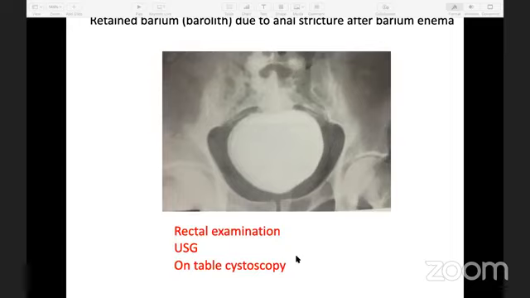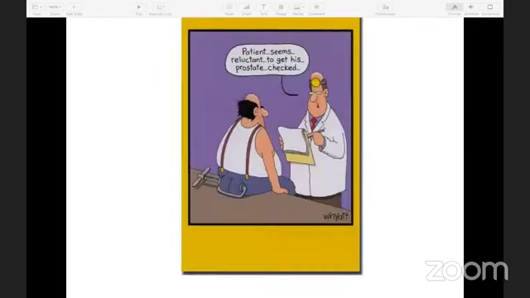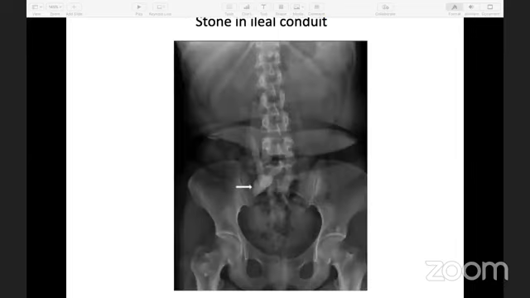So it's mandatory in our unit to have a scopy before opening for a large stone. Now, there are some patients in whom you can't do a rectal examination. This is a stone in an ileal conduit.